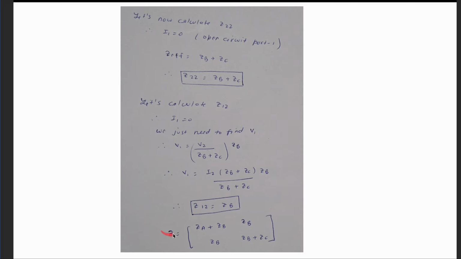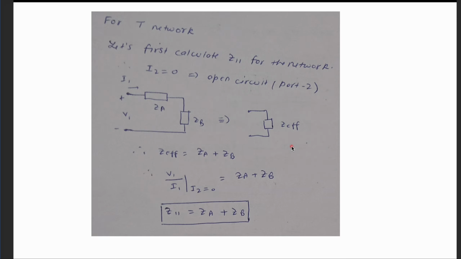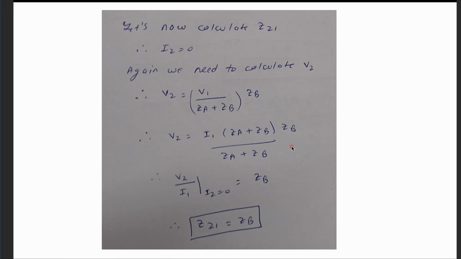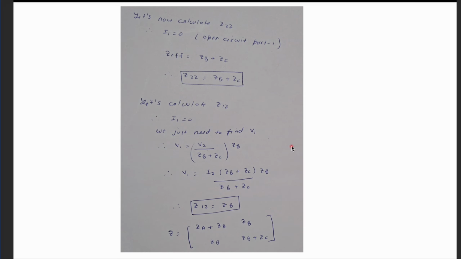So if you write the effective Z matrix, it will be Z11, Z12, Z21, Z22. Your Z11 is ZA plus ZB, Z12 is ZB, Z21 is again ZB, and your Z22 is ZB plus ZC. So this is the Z parameter of this T network, and I guess the same problems are there in the assignment also. If you plug in the values of ZA, ZB, ZC, you can get the effective Z matrix.